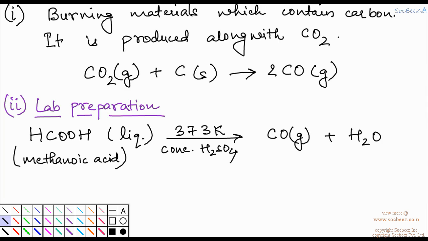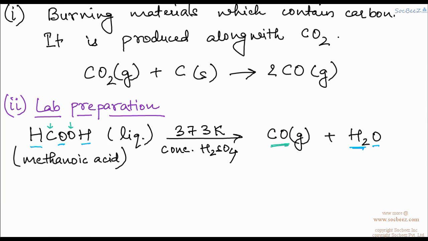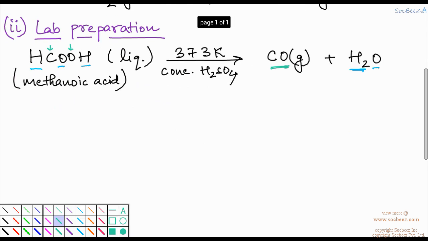You can now very well see what is happening over here. The formula for water is H2O, so one H is removed from here, one H is removed from here, and one oxygen is removed. So what is left? You can see that one carbon and one oxygen is left, and that is what is produced over here.